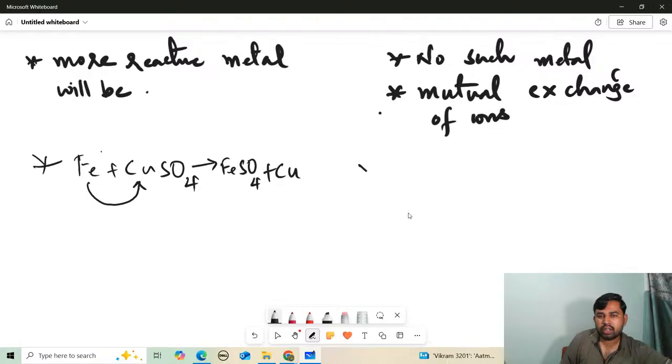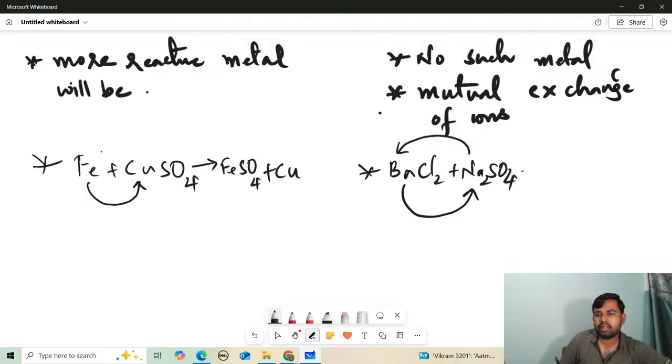But if I take barium chloride plus sodium sulfate, two salts are taken here, and both are exchanging. Then what happens? NaCl plus barium sulfate will form.